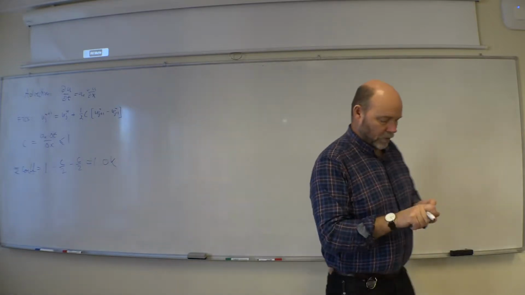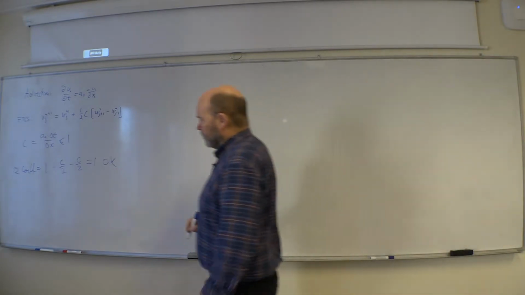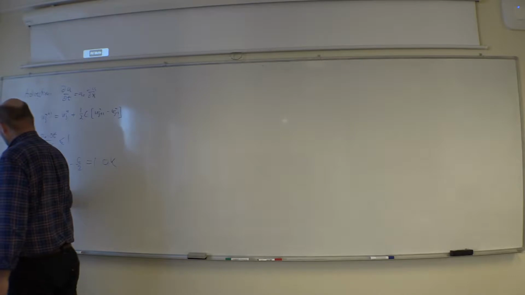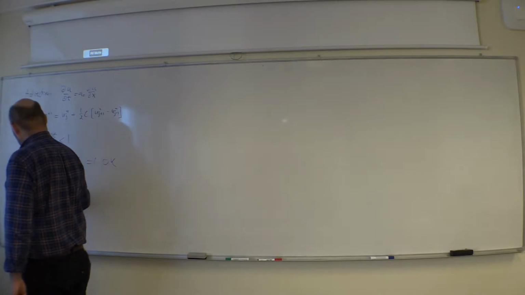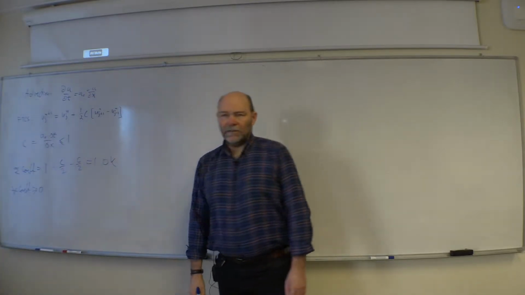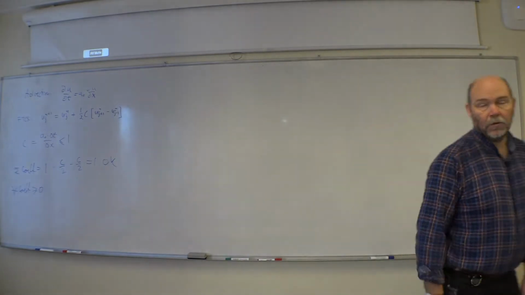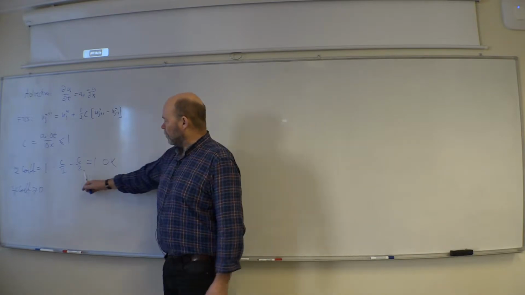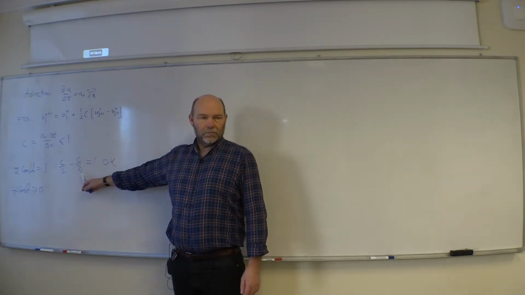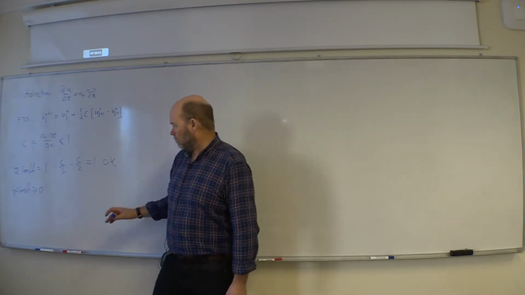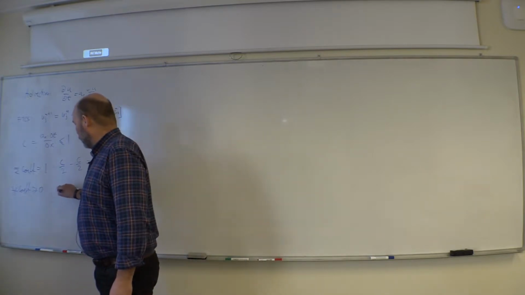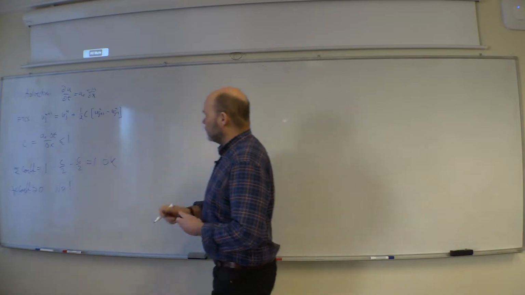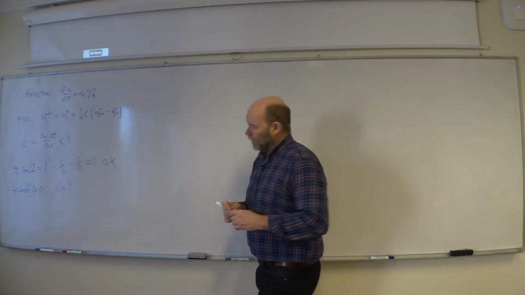Next, the demand is that all coefficients are positive. That's not possible. The first one is okay, the second one is okay, but the last one is going to be negative no matter what you do. It's impossible. So here we do not obtain any stability criterion, which is actually correct.